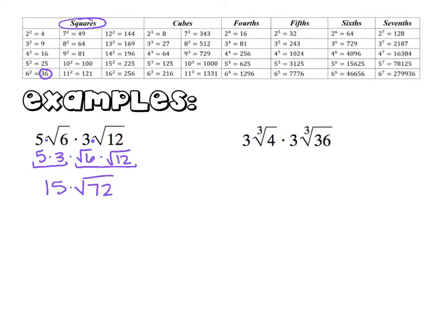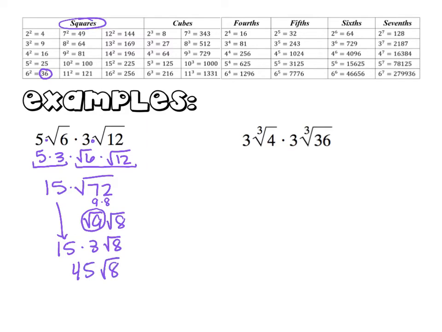I always want to find the biggest because otherwise I have to keep going. Let's look at this one as if I didn't find the biggest. What if I picked 9? So if I broke this into 9 times 8, then I would have had the square root of 9 and the square root of 8, which gives me 3 square roots of 8, and I still have that times 15 in the front. So that's 45 square roots of 8.